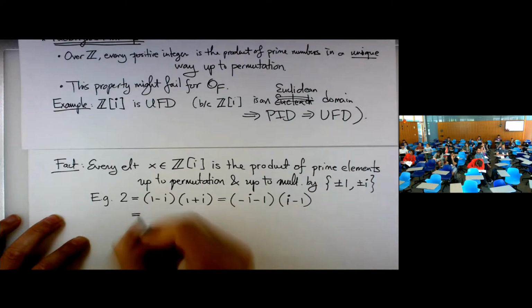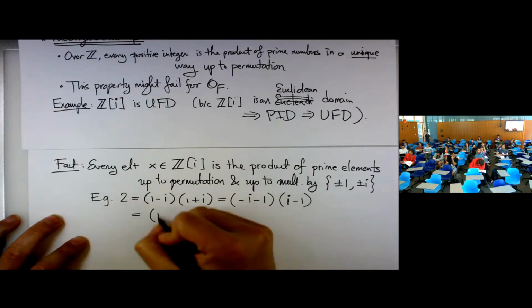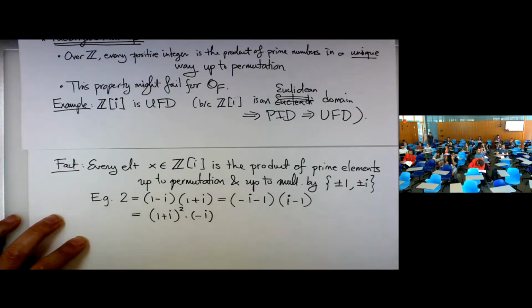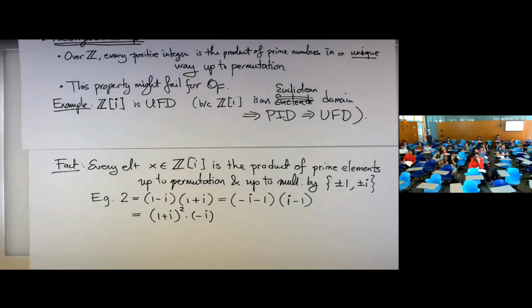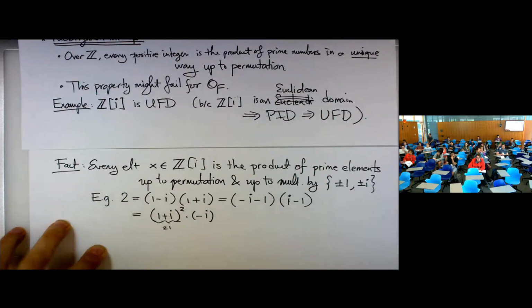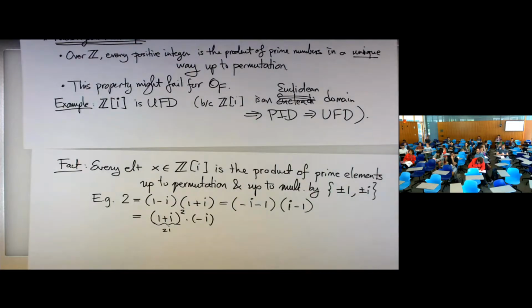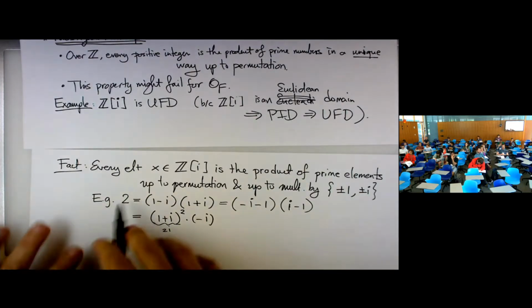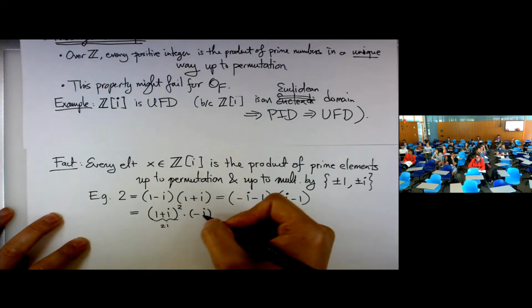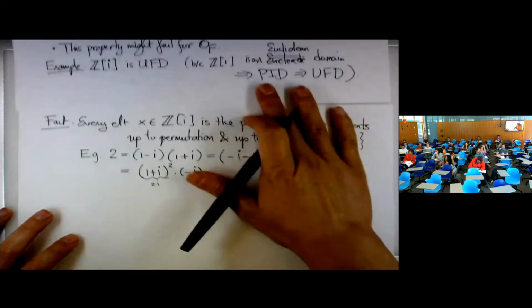You can also write it as (1 plus i) squared times negative i. Let's check: 1 plus i squared is 1 plus 2i minus 1, which is 2i, and 2i times minus i is 2. So maybe this is a better way: you write 2 as a prime squared times a unit. This is maybe a more intrinsic description.